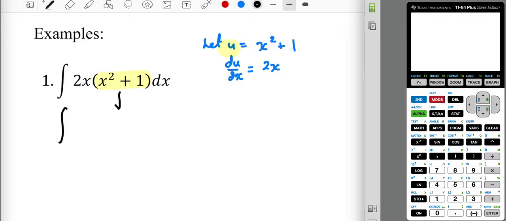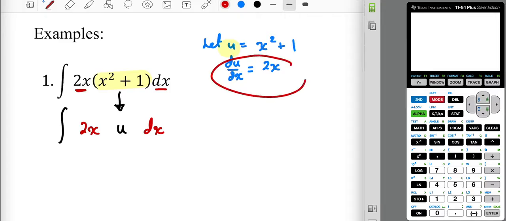I'm going to replace this with a u. I still have my 2x and my dx. Those have to go. I'm not as concerned about the 2, but the x and the dx have to go. So I want to use this relation here to help me accomplish that.